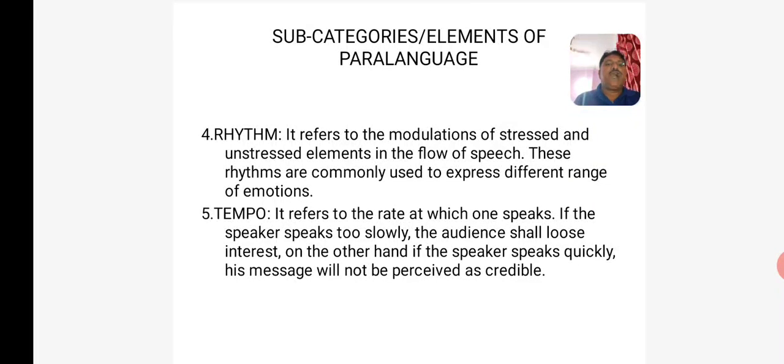These rhythms are commonly used to express a different range of emotions. Rhythm, in other words, refers to the modulations in the form of stressed or unstressed elements in the flow of speech or communication.